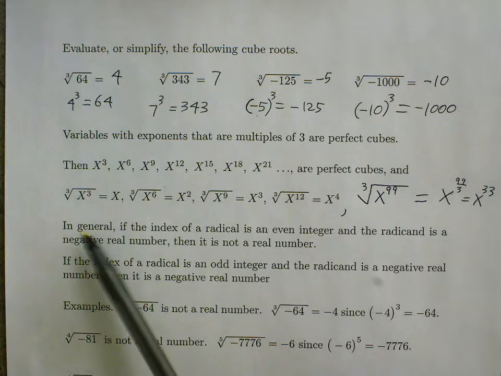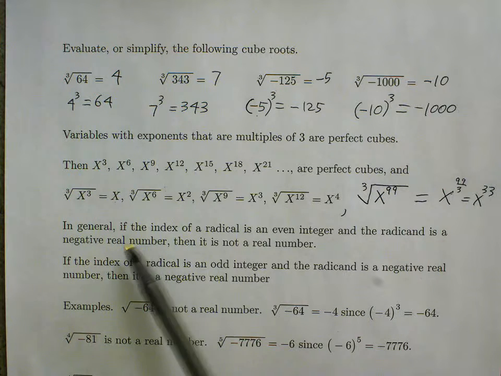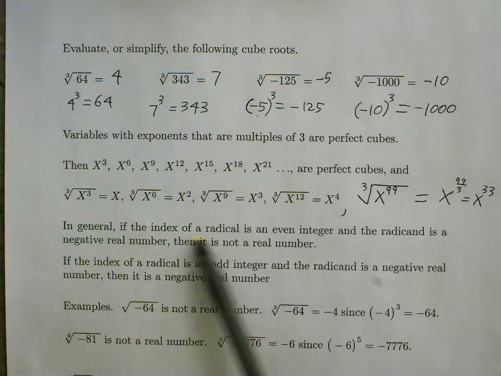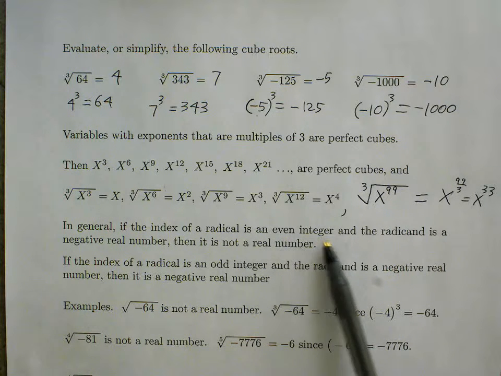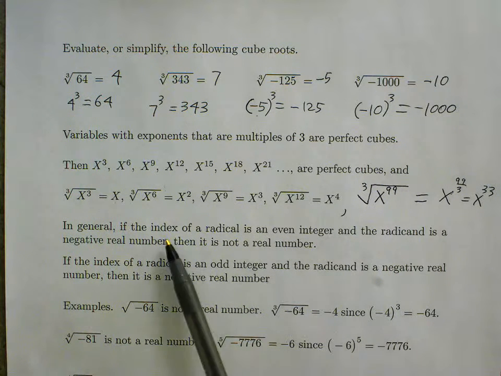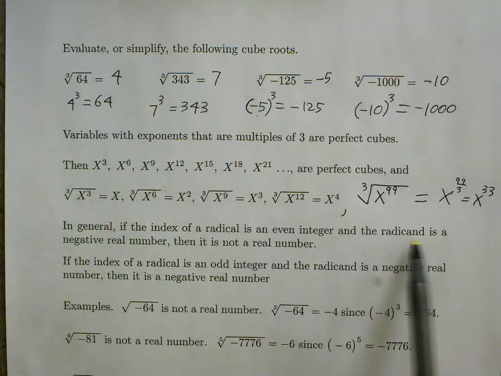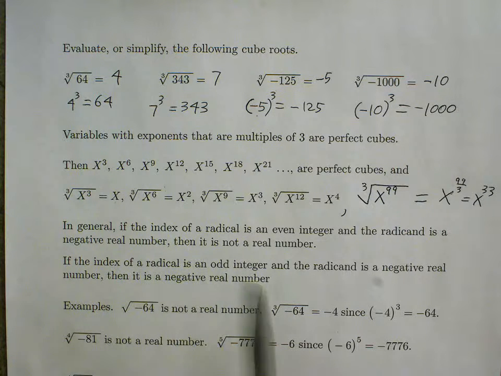Okay, so in general, if the index of a radical is an even integer, like 2, 4, 6, 8, and so on, and the radicand is a negative real number, then it's not a real number.